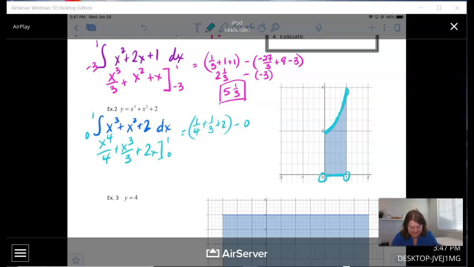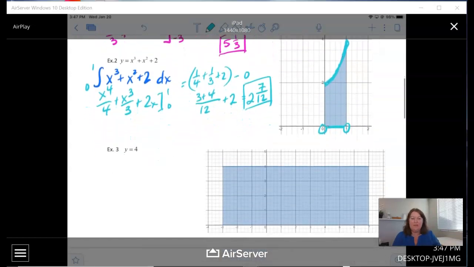Okay, so let's see, if I turn these into 12ths, I will have 3 plus 4 of them plus an extra 2 as a whole number. So it looks like this is going to be 2 7/12 is our area under the curve from 0 to 1, and the curve is created by that x to the 3rd plus x squared plus 2. So this is the relationship between the equation, what you've been doing to evaluate, and then what the graph looks like.